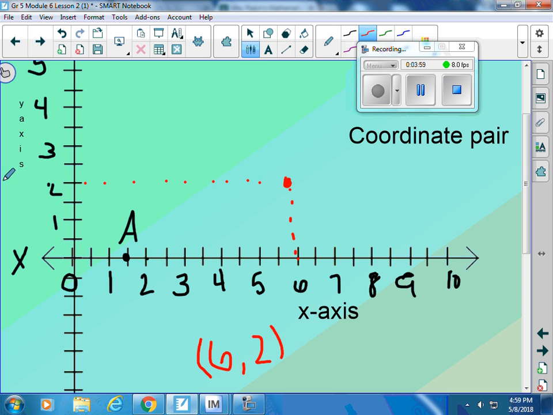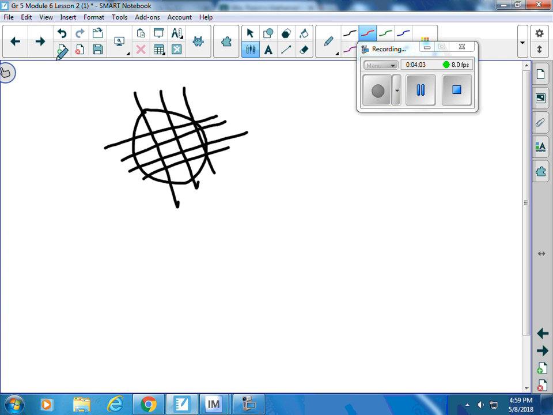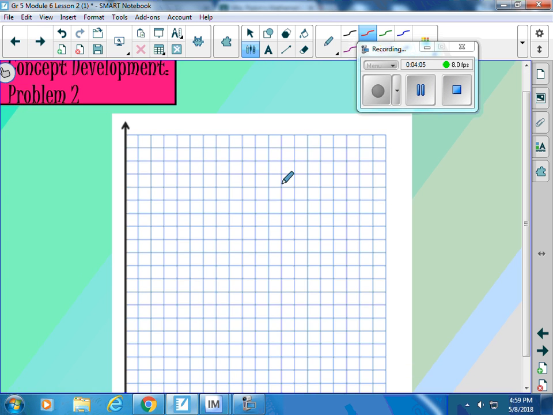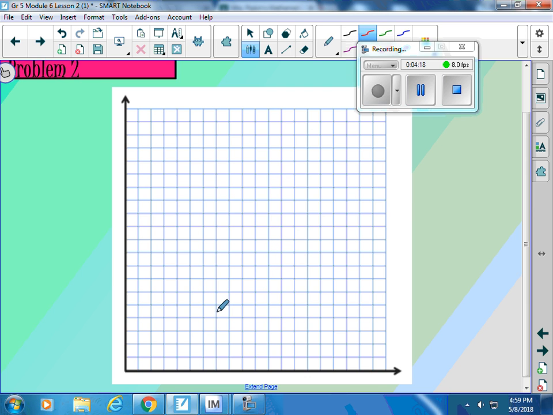If you need more practice with that, that's exactly what we're going to be doing. But we're going to go ahead and move on to the second problem here. I'm going to start by labeling my x and y axis. Here is my coordinate plane. Which one of these is which line?